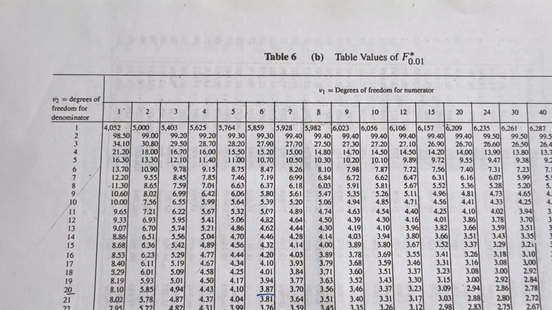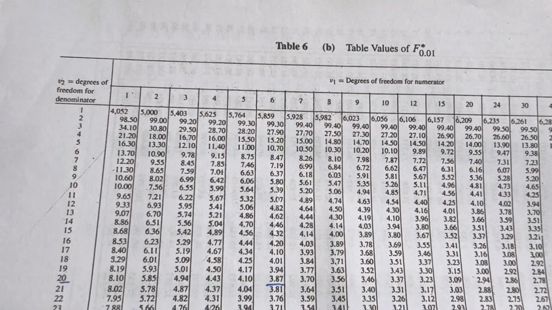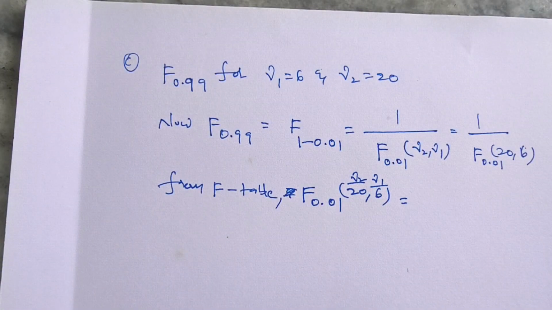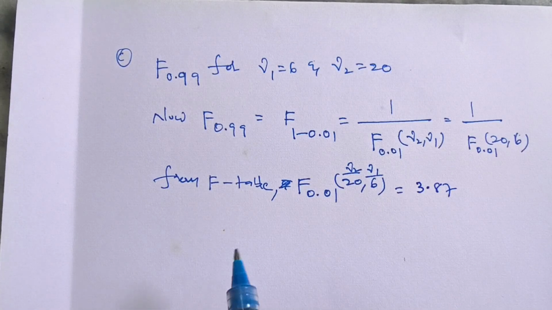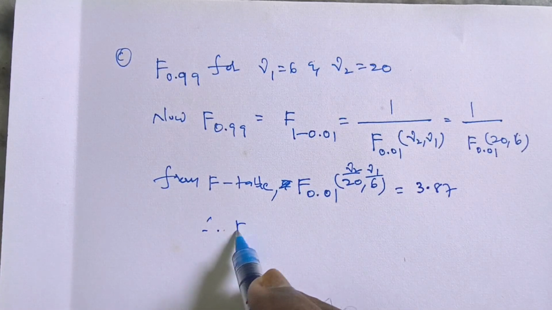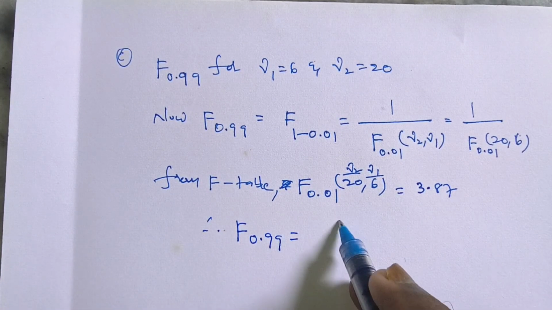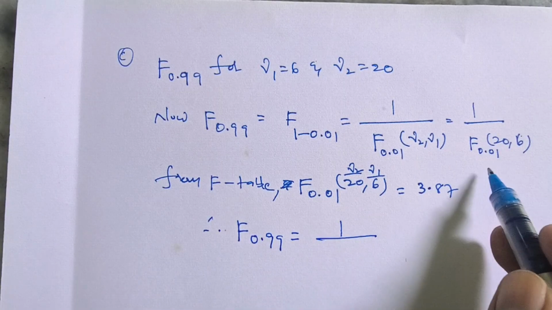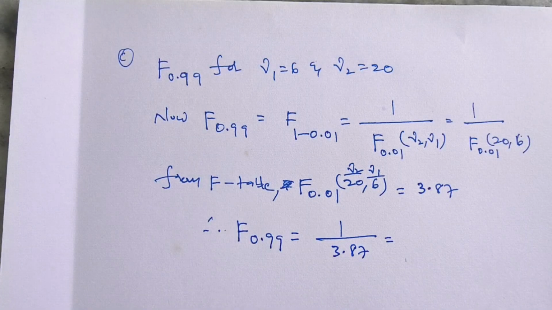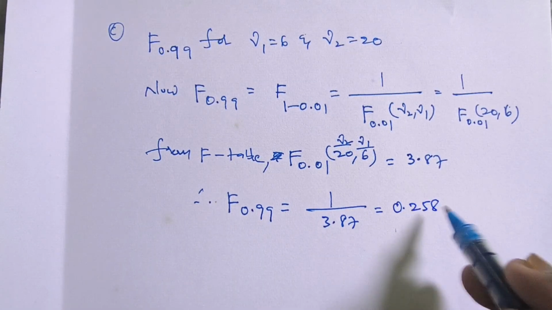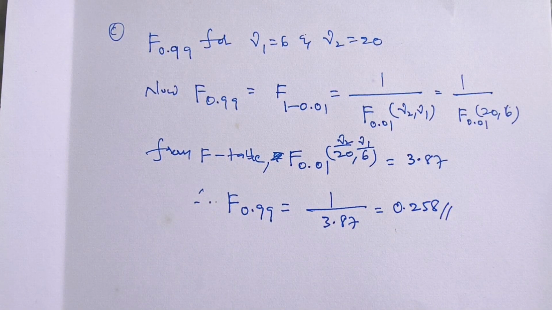The intersection point in the body of this table is 3.87. Therefore F 0.99 is equal to 1 by F 0.01 at 20 comma 6, which is 1 by 3.87, that is equal to 0.258.